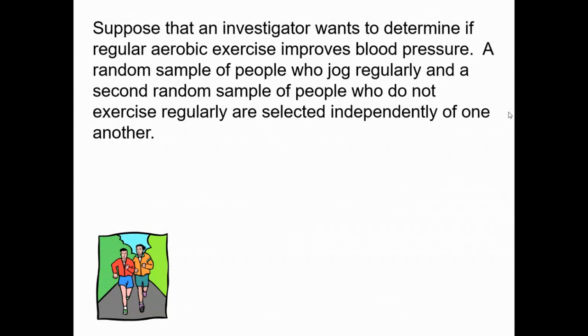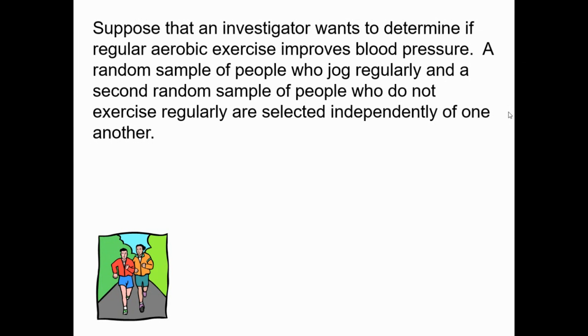Let's suppose an investigator wants to determine if regular aerobic exercise improves blood pressure. A random sample of people who jog regularly and a second random sample of people who do not exercise regularly are selected independently of one another.